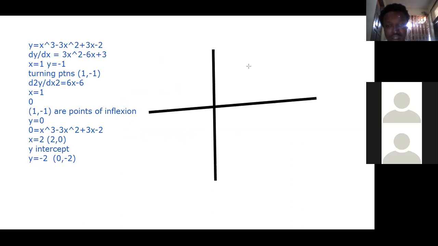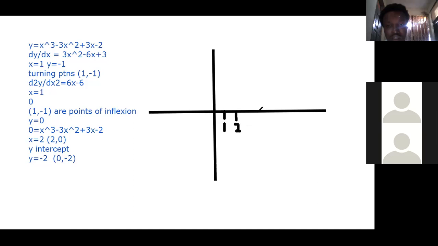Let's say you can have 1, 2, 3, 4 on the x-axis, then -1, -2, -3. You can leave it like that.